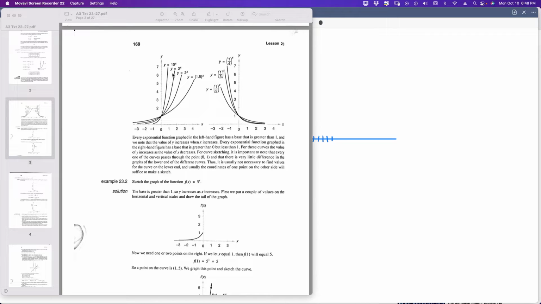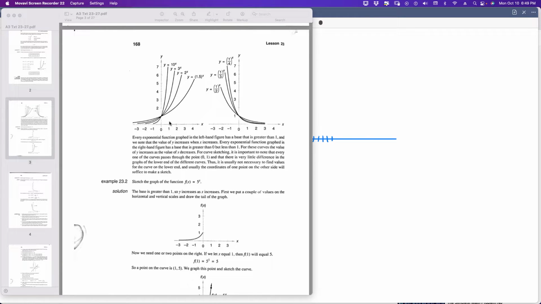It pulls away, but the slope here is steeper when the base is higher, and as the base is lower, then it doesn't rise as quickly. It rises more slowly. So the slope is less steep here.